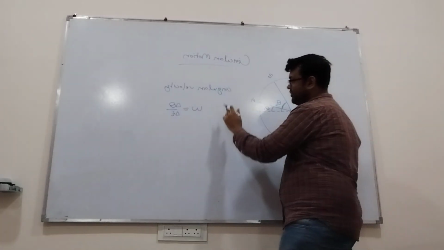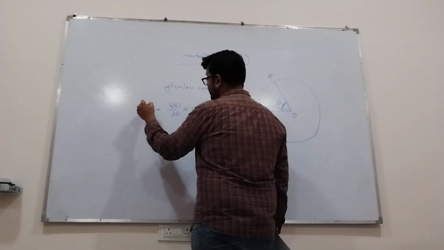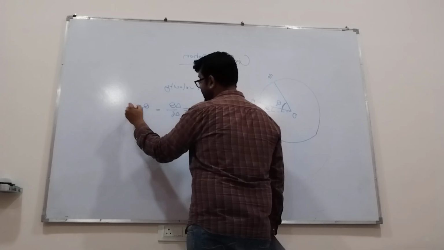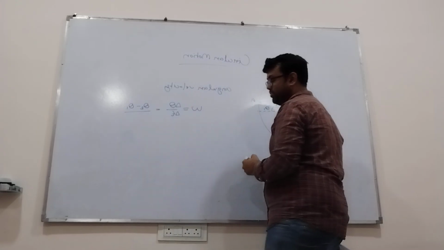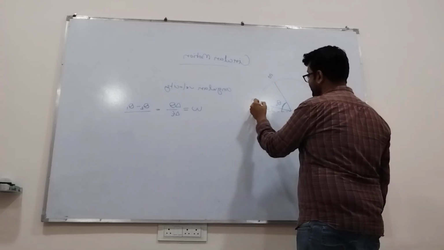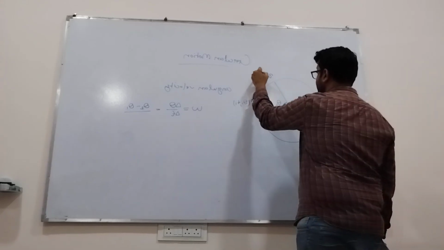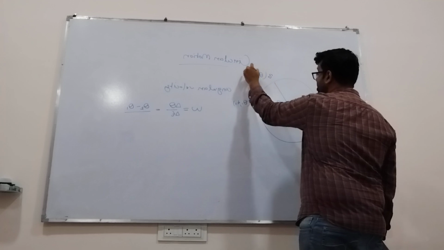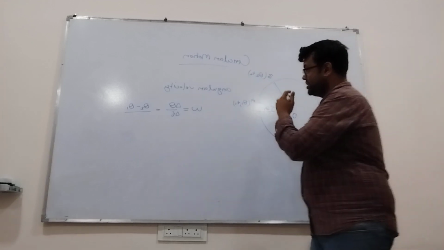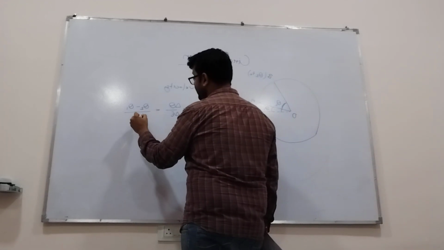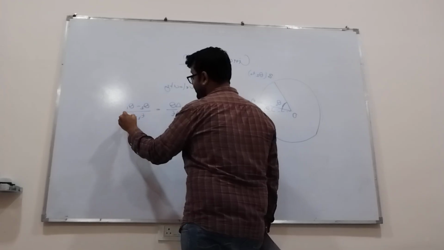So the angular velocity will come as theta 2 minus theta 1, and suppose the time was t1 when the point is here, and the time was t2 when the point is at location B. So here it will come as t2 minus t1.